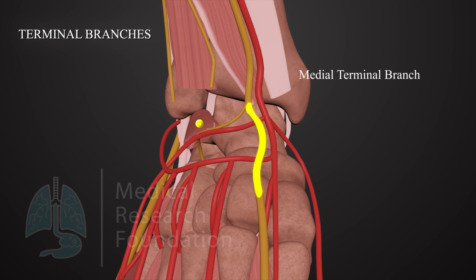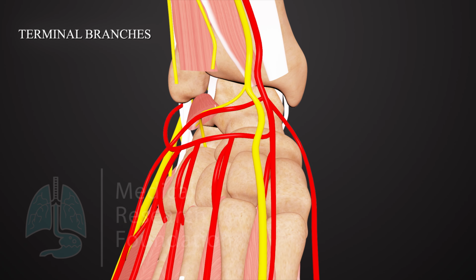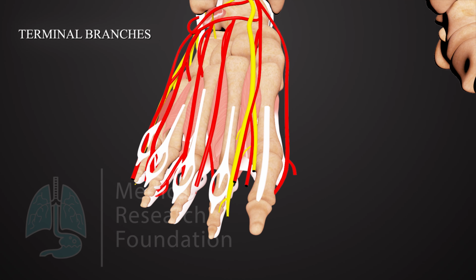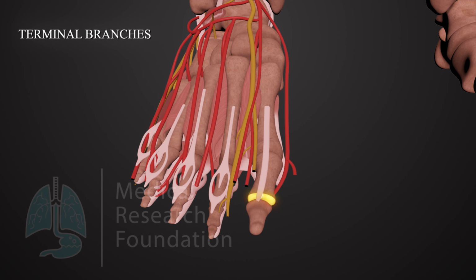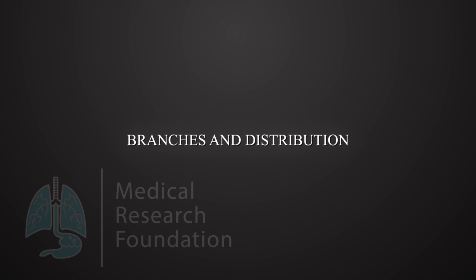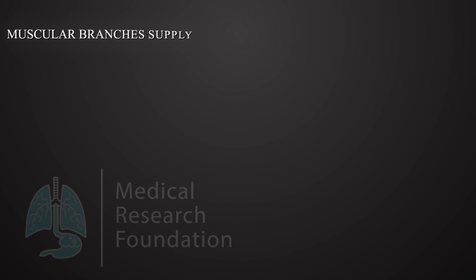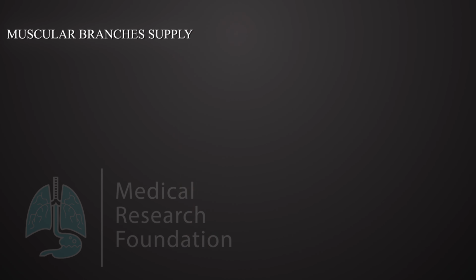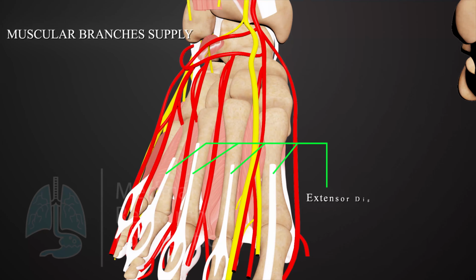The medial terminal branch ends by supplying the skin adjoining the first interdigital cleft and the proximal joints of the big toe. Branches and distribution. Muscular branches supply the muscles of the anterior compartment of the leg and the extensor digitorum brevis on the dorsum of the foot.